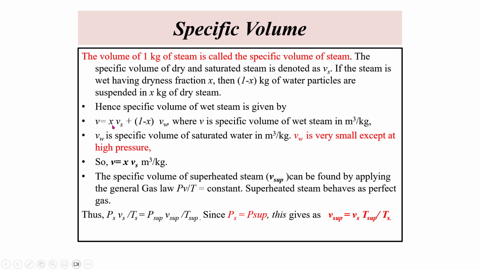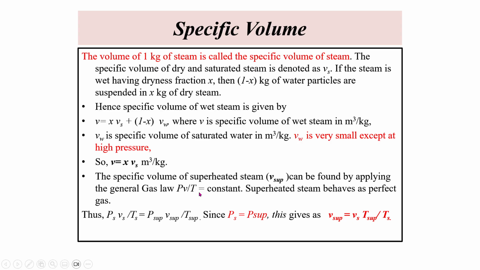But we know water specific volume is much smaller compared to the specific volume of steam. So if you calculate the volume of wet steam, you can ignore this particular portion. So you can write V is equal to x into Vs, meter cube per kg.